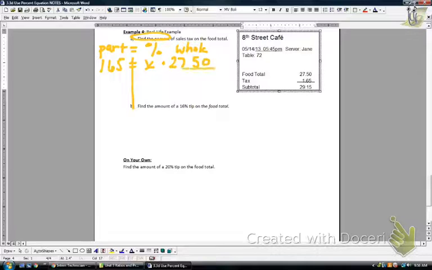This is an algebra problem. I'm going to divide both sides by 27.50. So in my calculator, I do $1.65 divided by 27.50, and I get 0.06 equals X. That is the same thing as 6%. So the percent of sales tax is 6%.